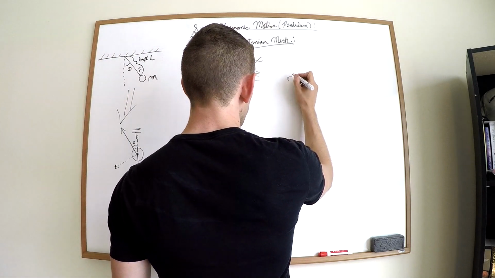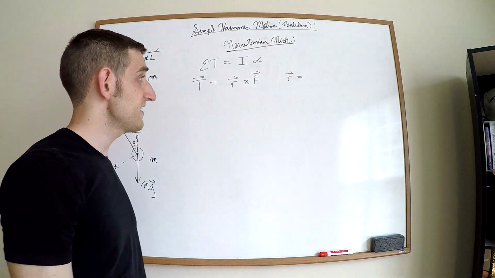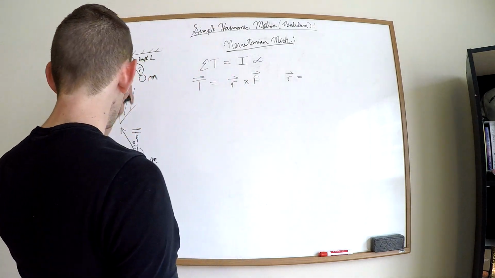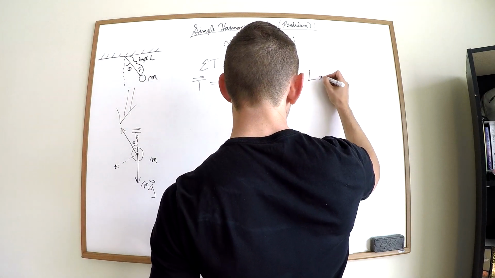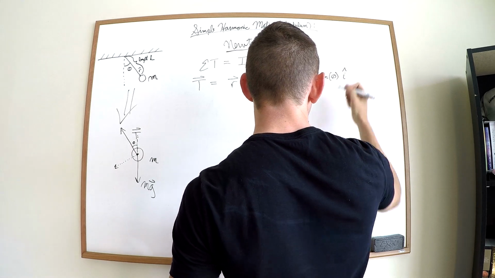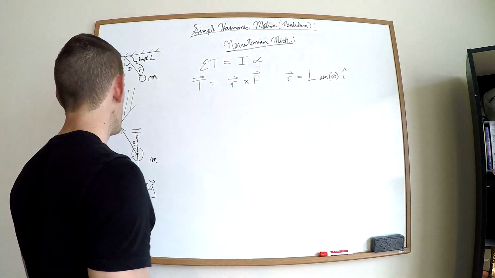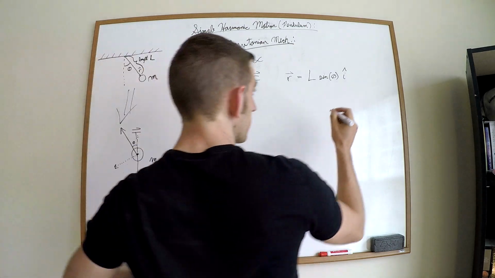So what I'm going to say is R is defined as, well, in the x dimension, we have L sine theta, in the x dimension, the i hat. So basically, sine theta, it's going in this direction.